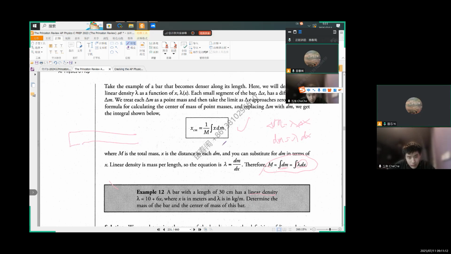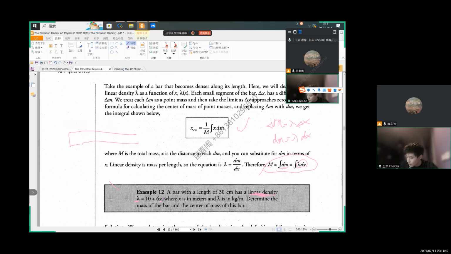This linear density is because there is a pattern between the density and that x. So as x changes, the density changes.